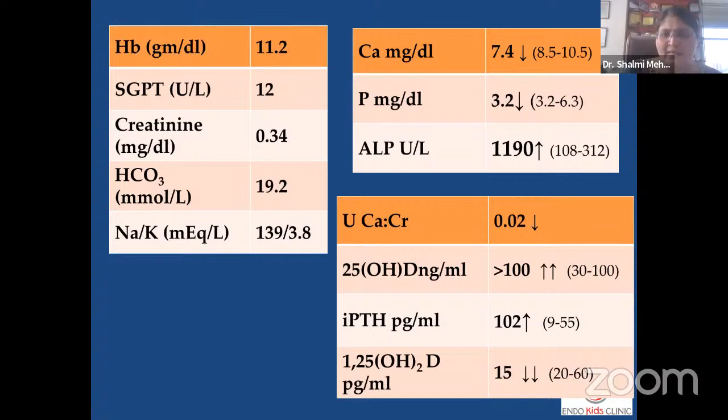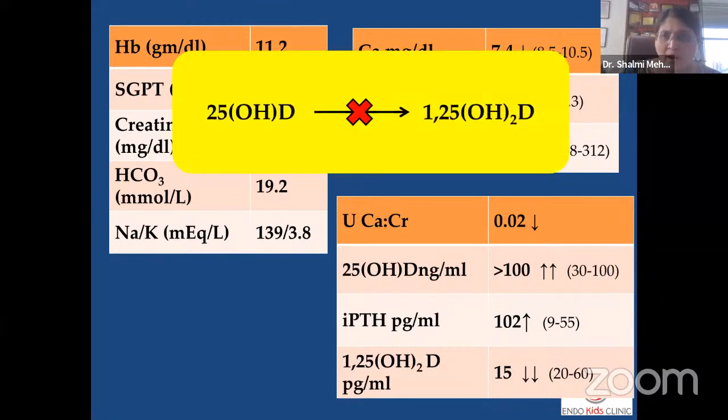So what you can see is the child has 25 hydroxy vitamin D of more than 100, but the active form of vitamin D is very, very low, right? So here, D-dependent rickets type 1, wherein this conversion is not happening.